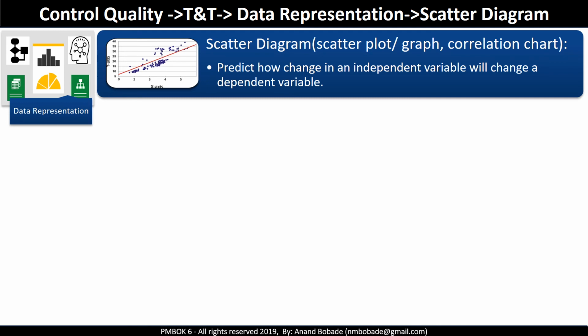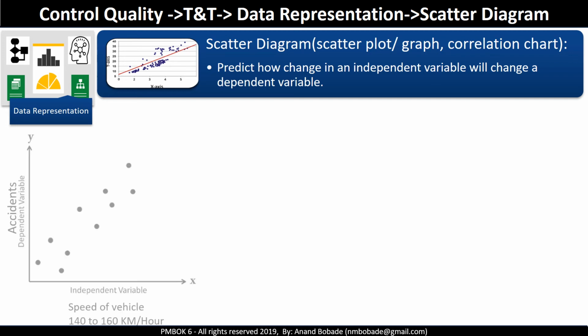Let's understand this through an example. You want to analyze the relationship between speed of vehicle and accidents. So let's observe this on, say, Dubai-Abu Dhabi highway. As shown in the graph on the slide, the y-axis shows number of accidents and x-axis shows speed of vehicle.